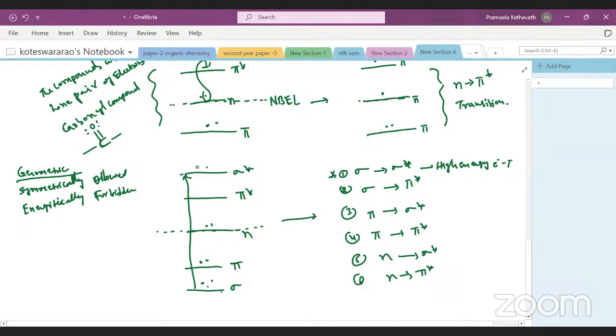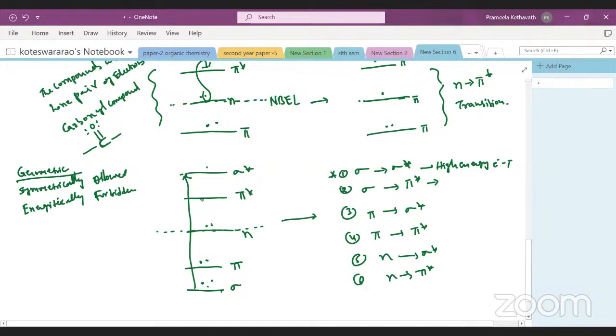Whenever we discuss symmetry, it is a different topic: the symmetry of the orbitals, sigma, pi star, sigma star, n orbitals. Symmetry is a separate discussion. Now, sigma to pi star.